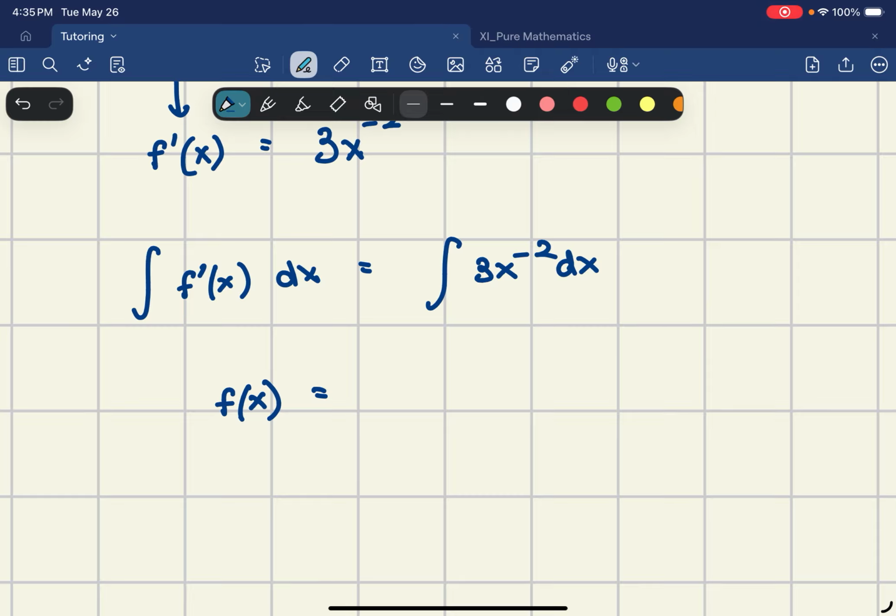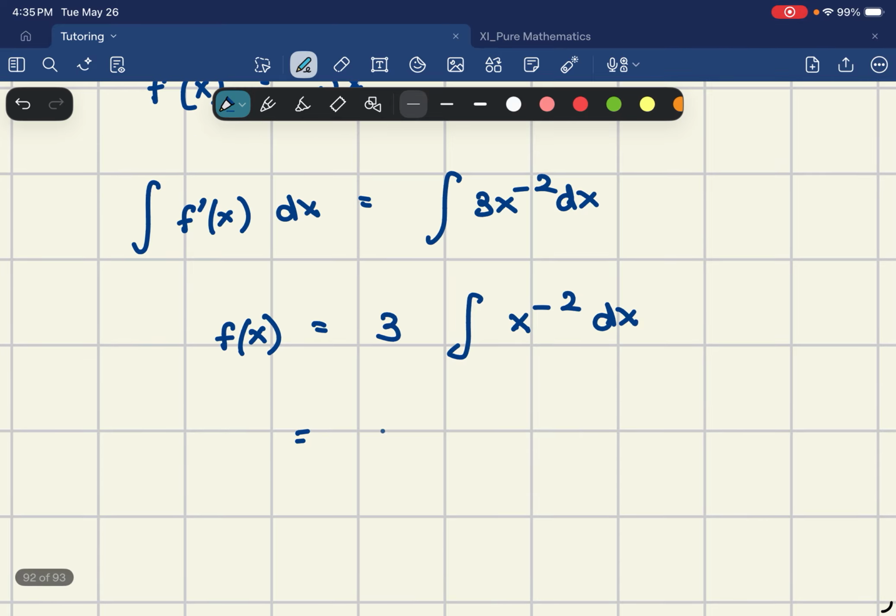And basically, yes, there is a constant, but we can assume that we just add the constant to the other side, and constant plus constant or constant minus constant is going to give me some other constant, which I don't care about. So we have 3 integral of this expression, right? I just take the 3 out, and now I can use the formula. 3 x to the power minus 2 plus 1 divided by minus 2 plus 1, multiplied, right? Plus c.